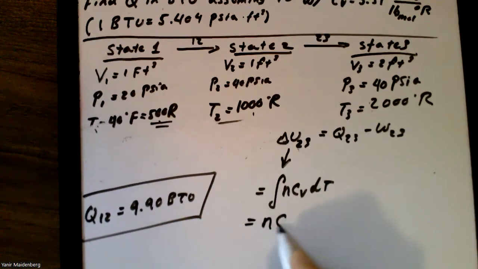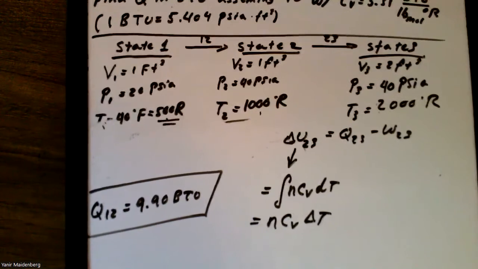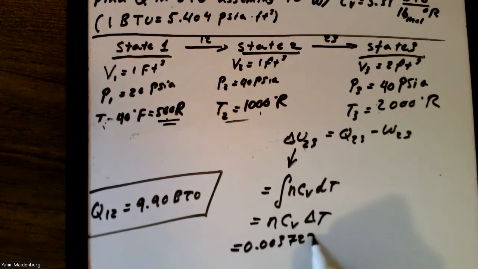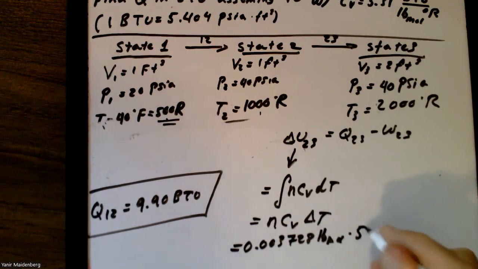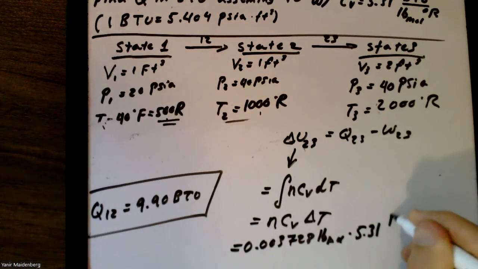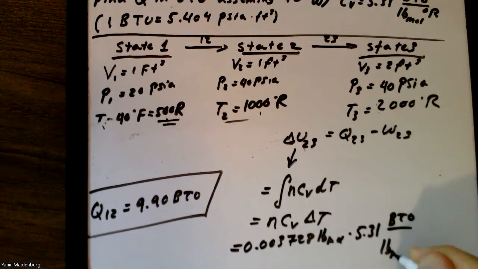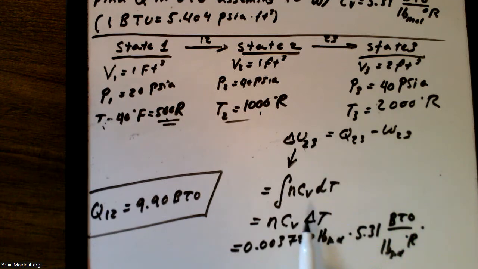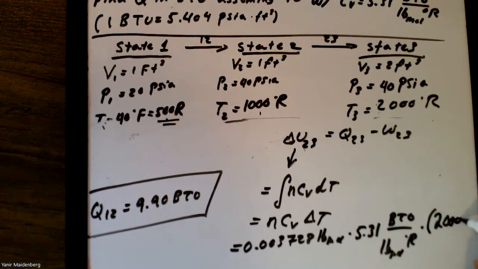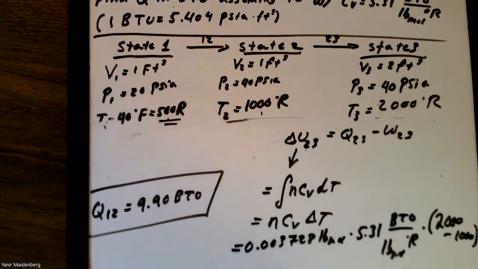So this thing is NCV delta T. Okay, and I know my moles is going to be 0.003728 pound mole times this 5.31 guy, BTU per pound mole degrees R, times delta T, which is in this case from T2 to T3, so 2000 minus 1000 degrees R, and it will cancel all of that out.